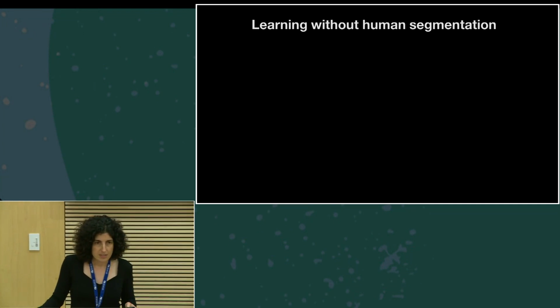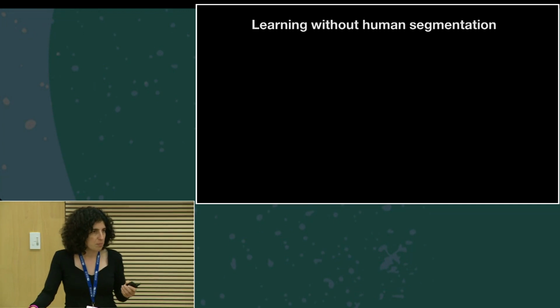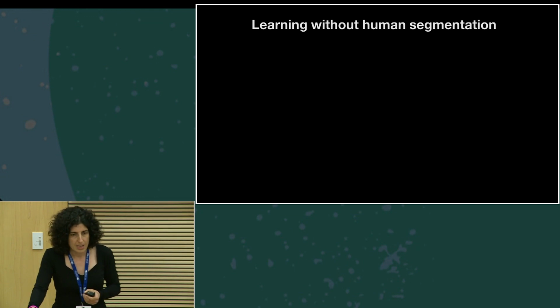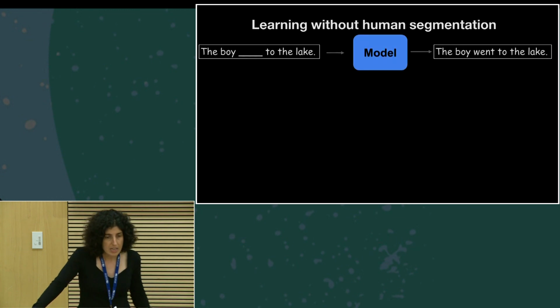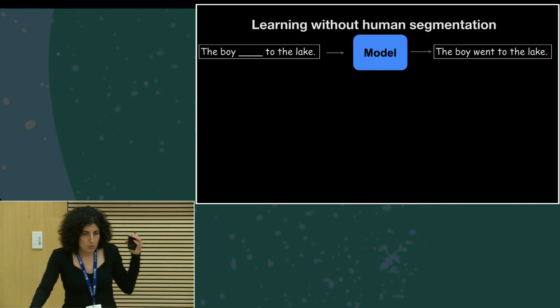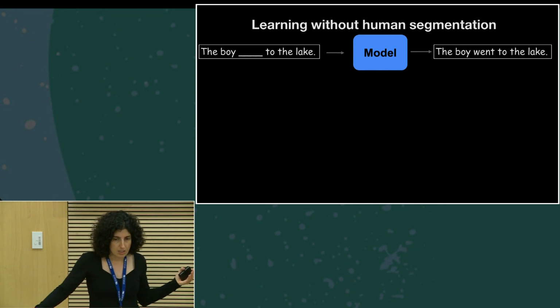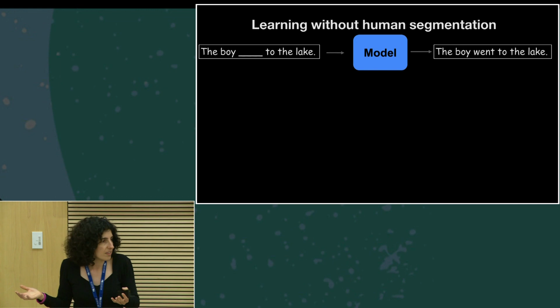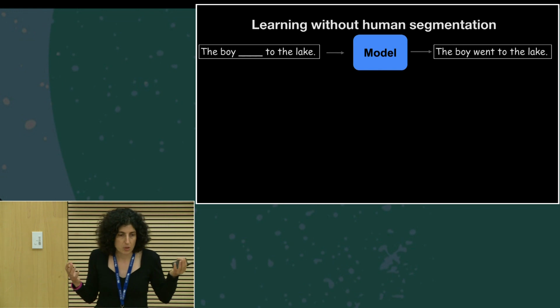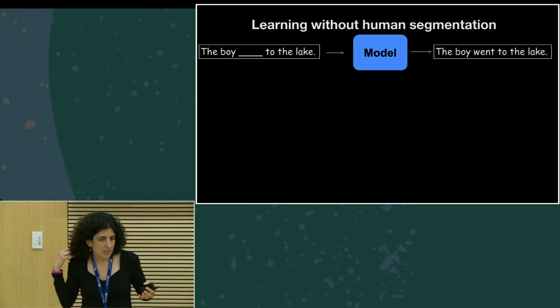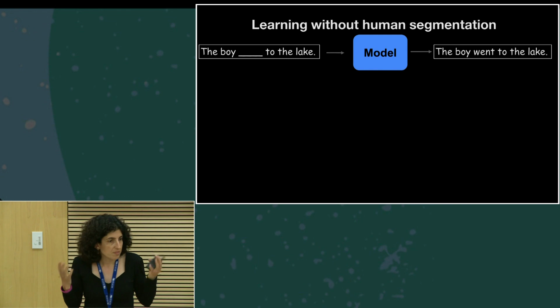So this is the revolution that happened a few years ago in artificial intelligence, and it started from text models. Those models, the large language models, took sentences from the internet, for example, the boy went to the lake. They took out one word and gave the model the task of learning how to fill the gap.